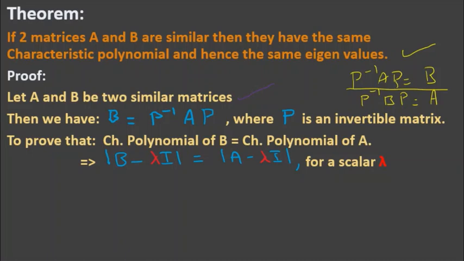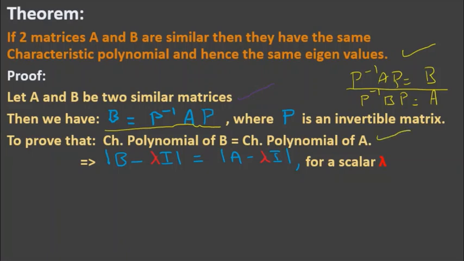B is equal to P inverse A into P, where P is an invertible matrix. Now what do we have to prove? We have to prove that the characteristic polynomial of the matrix B is equal to the characteristic polynomial of the matrix A.